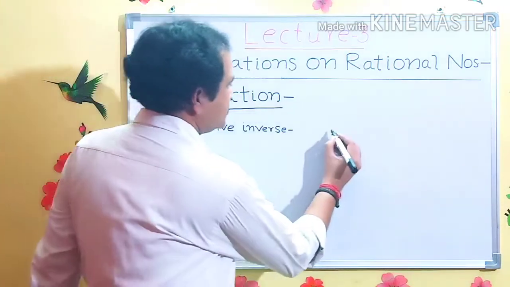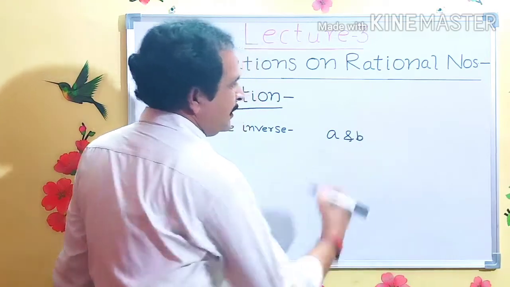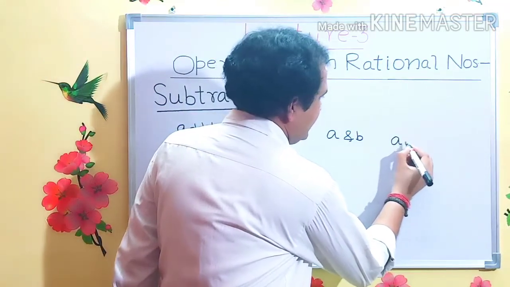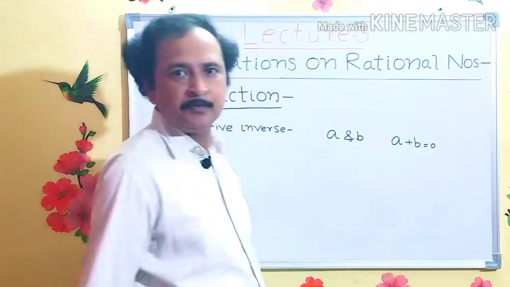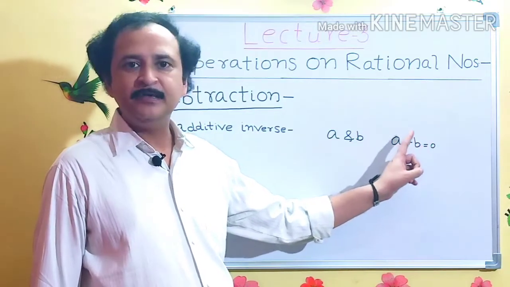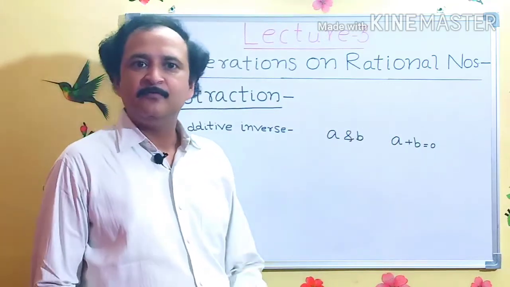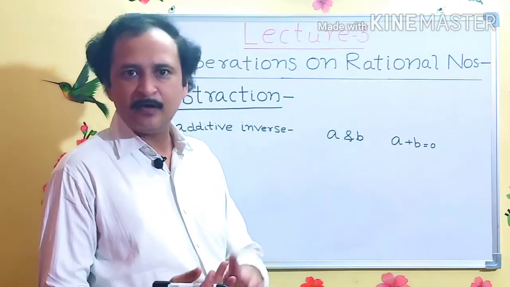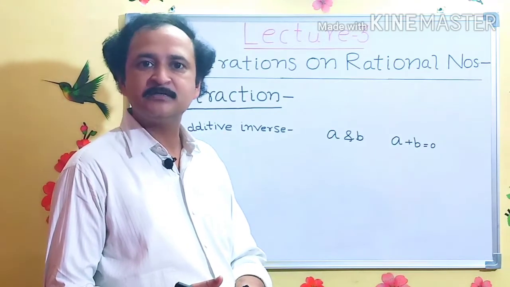Suppose there are two numbers A and B, and the numbers are in such a way that A plus B equal to 0, then A is known as additive inverse of B and B is known as additive inverse of A. This concept is applicable for all the numbers, like for fractions, whole numbers, natural numbers, integers, as well as for rational numbers also.